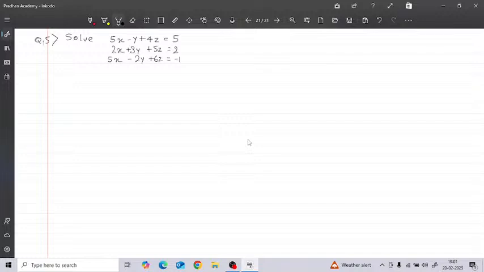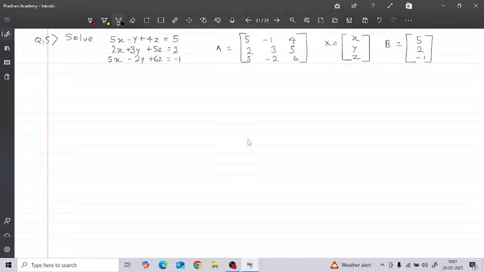So that's my matrix. Let's take A as the coefficient matrix: 5, minus 1, 4, 2, 3, 5, 5, minus 2, 6. What is my X? X, y, z. And what is B? 5, 2, minus 1. Okay.